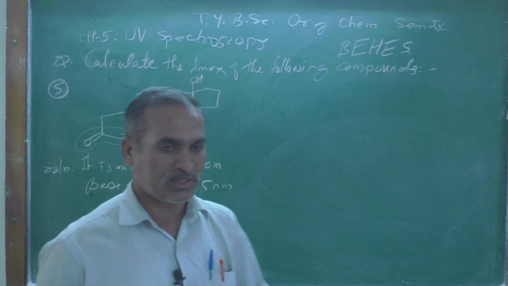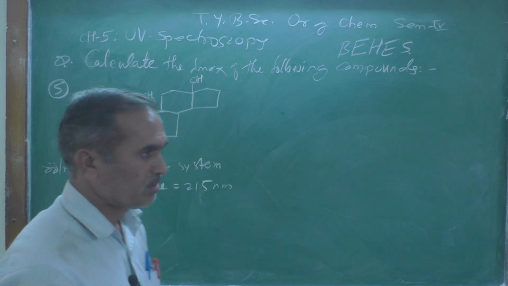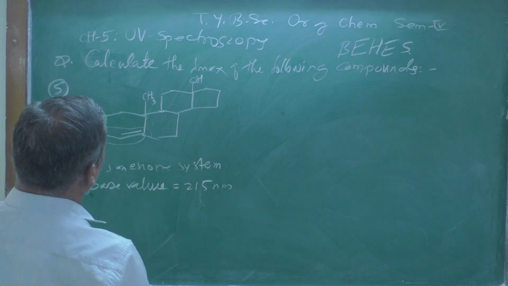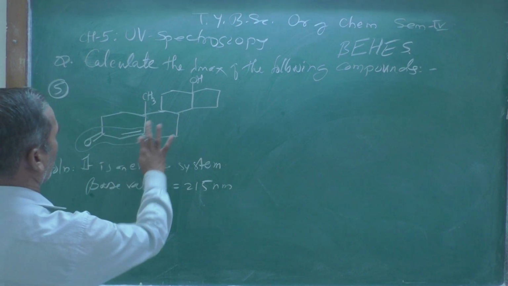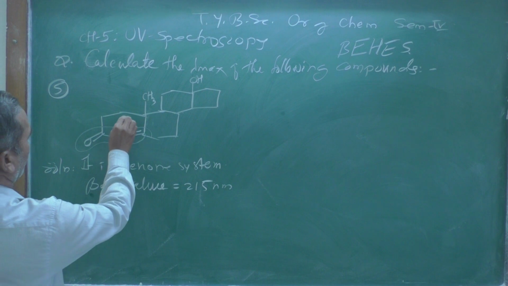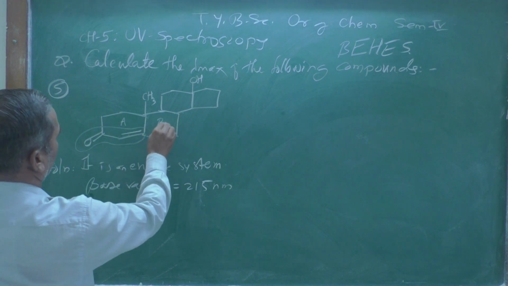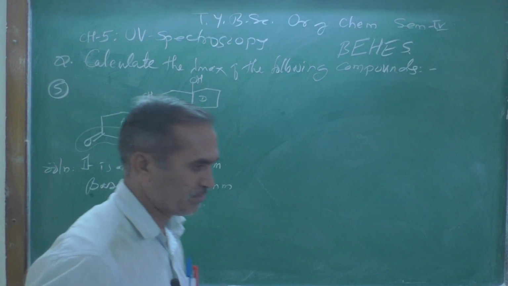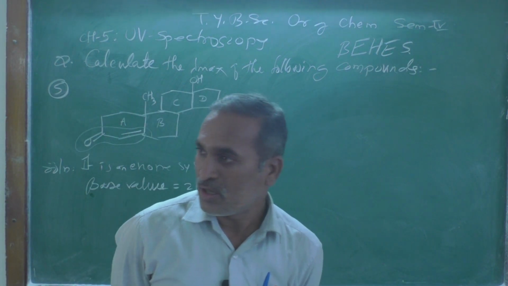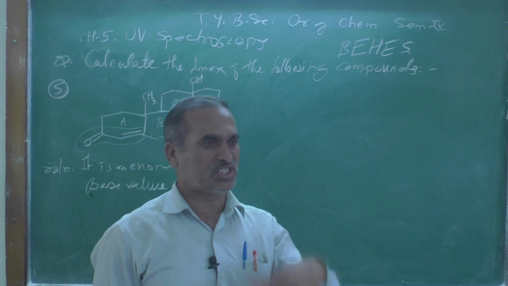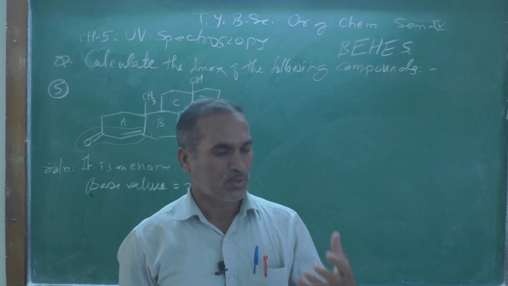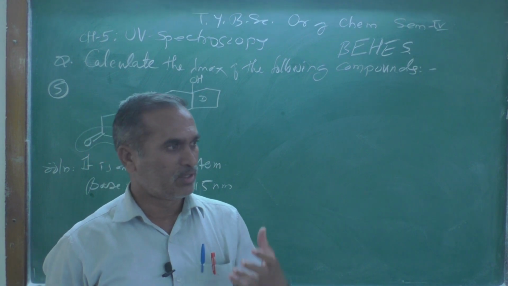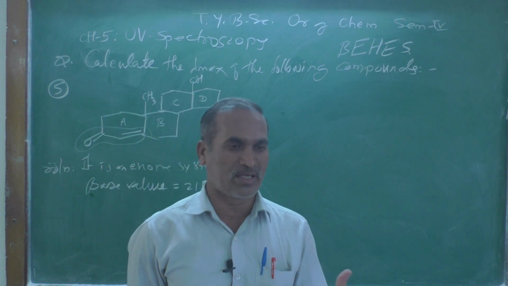First label the rings, or if you count the rings, you will find there are 4 rings. So you can give A ring, B ring, C and D. Now, as I already told you, the easiest way to identify an exocyclic double bond. What do you mean by the exocyclic double bond?